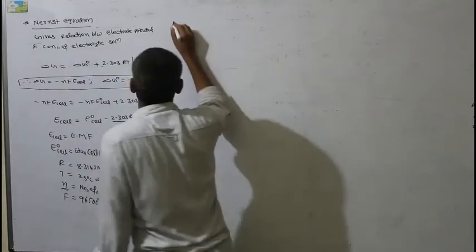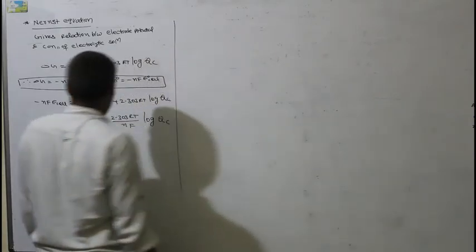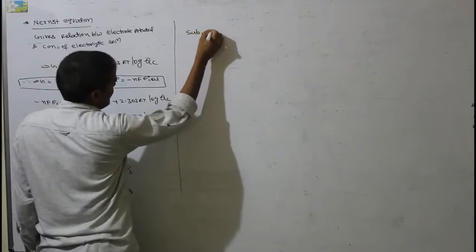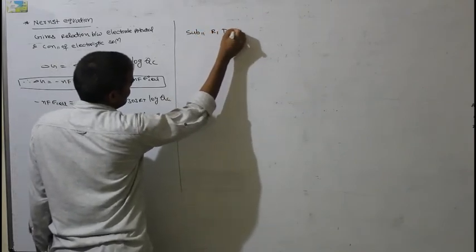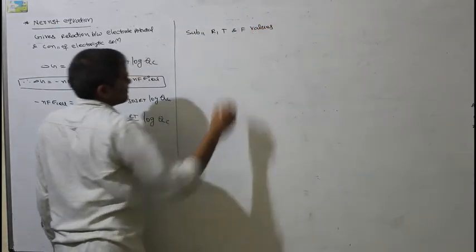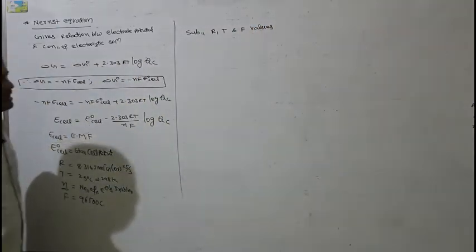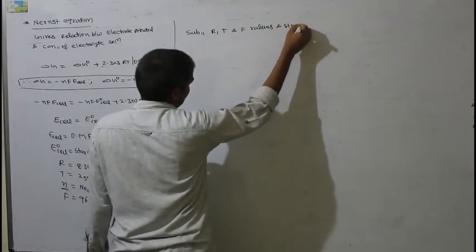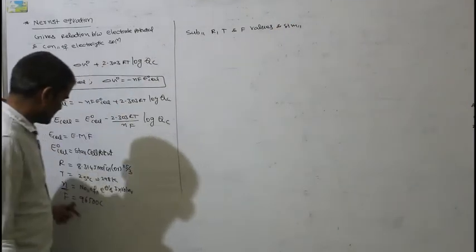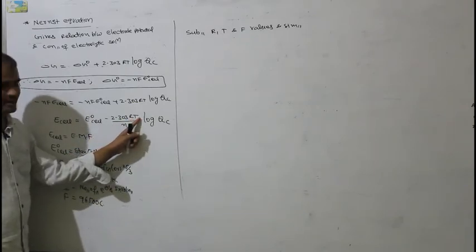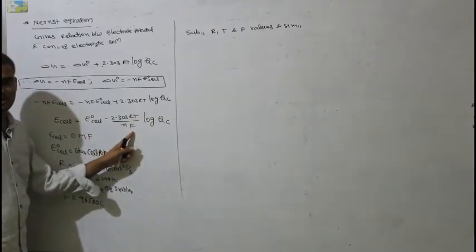So now what we do here is substitute the R, T and F values and simplify. In this equation, R value is 8.314, temperature 298 Kelvin and F is equal to 96500.